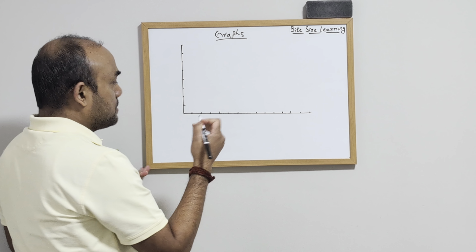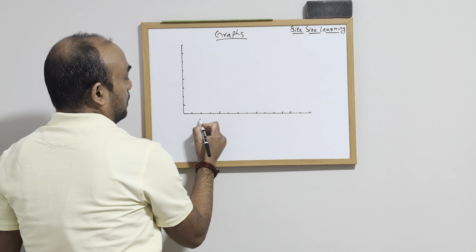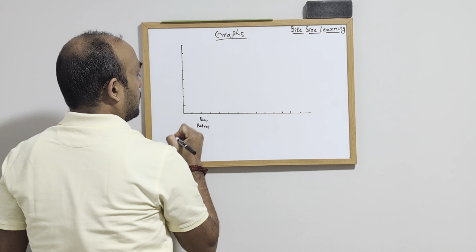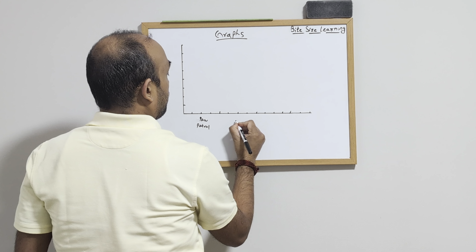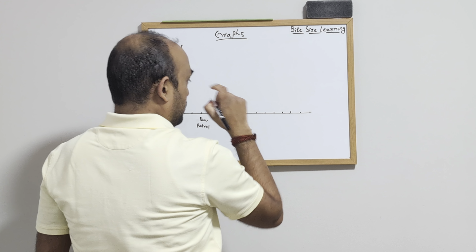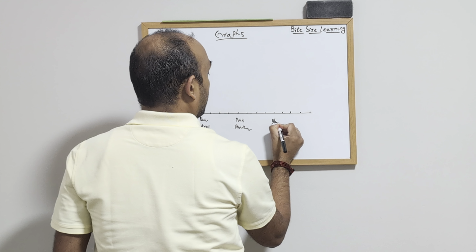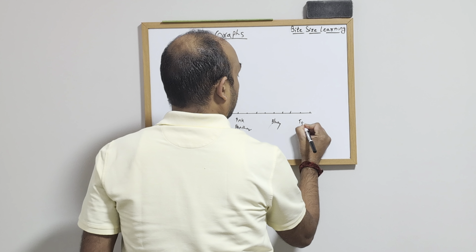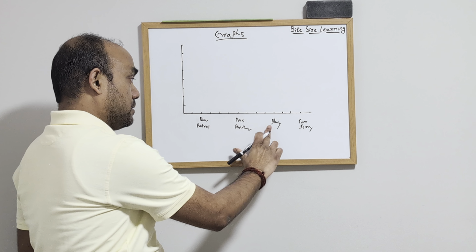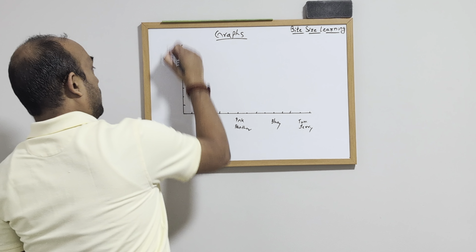So you have Paw Patrol, Pink Panther, Bluey, and Tom and Jerry. So there are four cartoon shows that the children watch, and we are counting the number of children on the vertical axis.